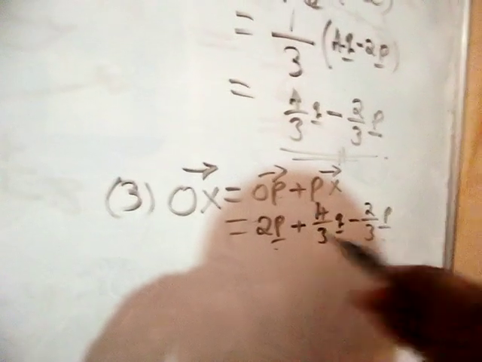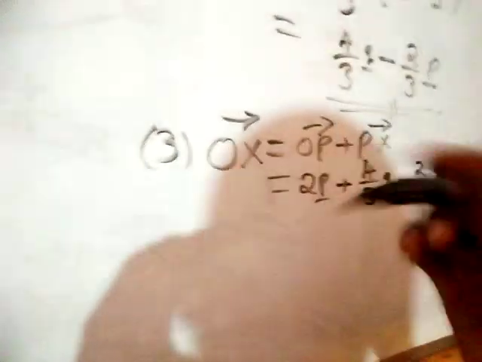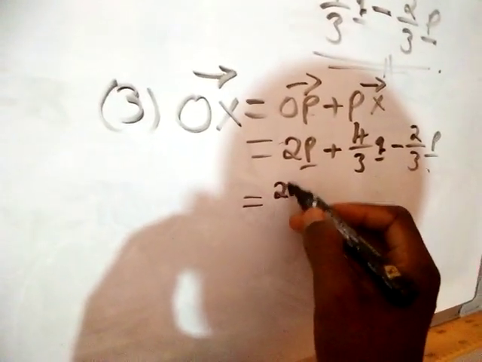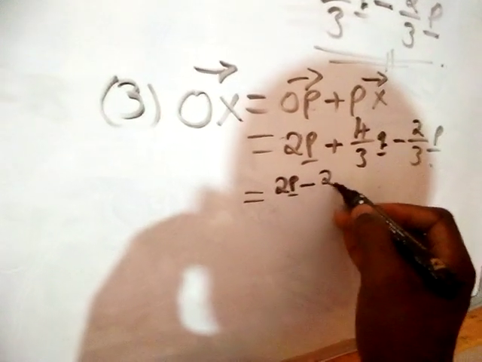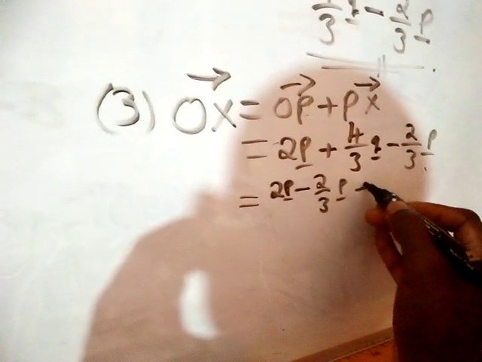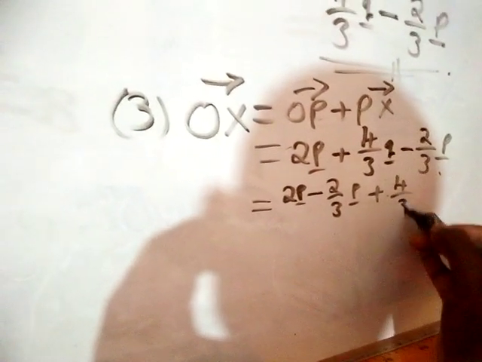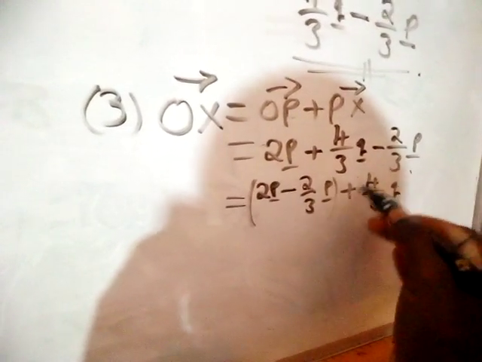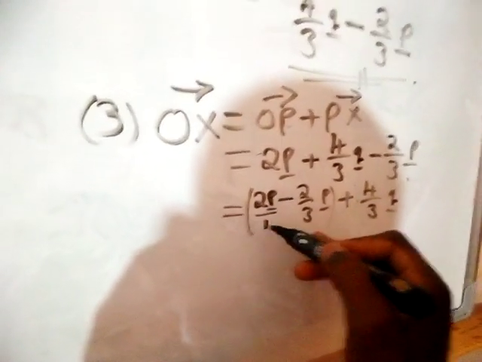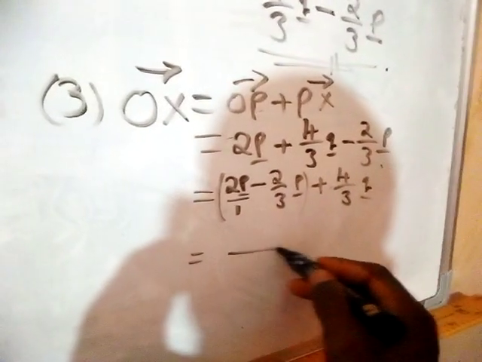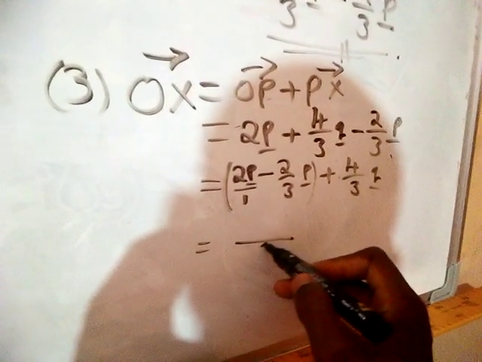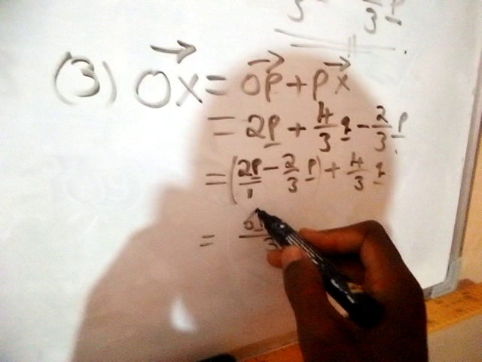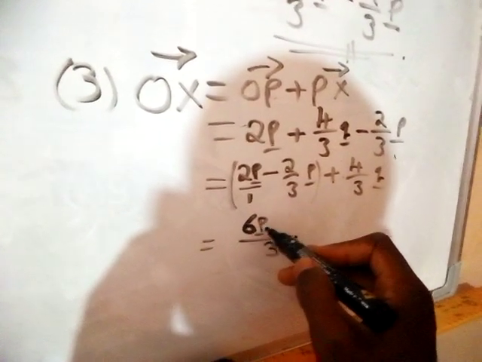So if you simplify these two, we're going to have 2 vector P minus 2/3 vector P plus 4/3 vector Q. When you simplify this, we express these two terms as a single fraction. We're going to have the LCM between 1 and 3, that's 3. 1 into 3 is 3, times 2, that is 6 vector P.